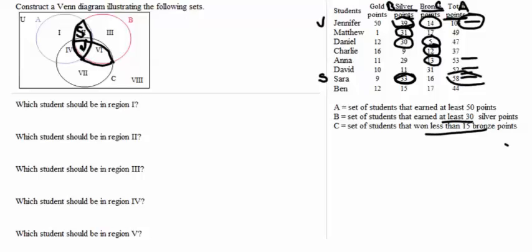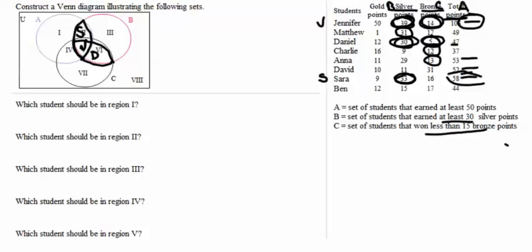Daniel is in B and C. None of the other ones are both in B and C, except Jennifer and Daniel. We already have Jennifer accounted for. That means Daniel is in B and C, but you notice Daniel is outside of A, because he doesn't have the 50 points. That makes sense, because if he had 50 points or more, he would be inside of A.